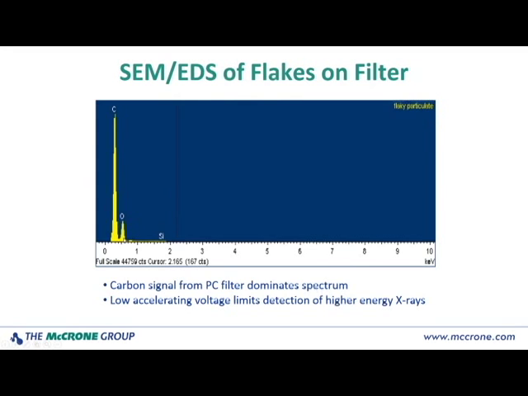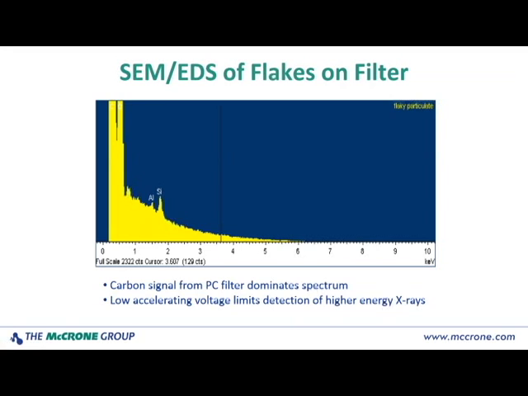You have an oxygen peak, and you have some evidence that there's silicon present. And as I mentioned also, the low accelerating voltage means that you limit generation of higher energy X-rays. So we're cutting off somewhere below 2 keV here. If you had elements in the sample that were of interest but didn't generate X-rays except at higher energies, you wouldn't even be seeing those.